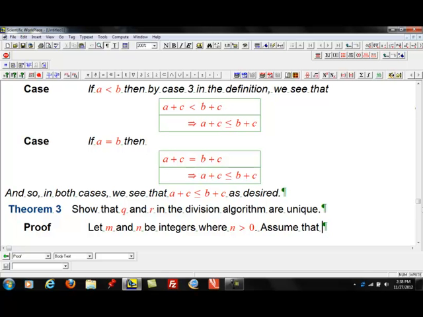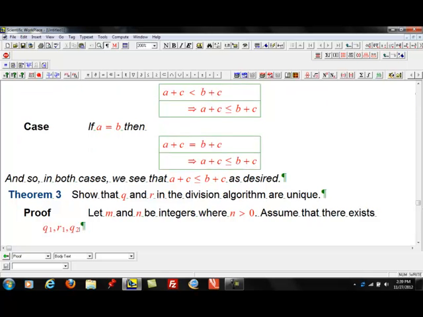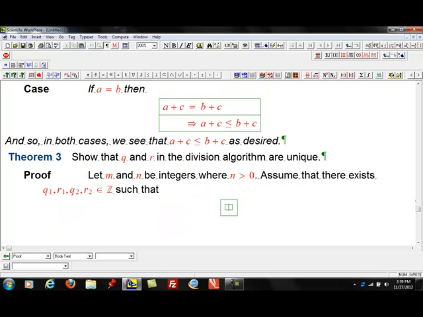Assume that there exist q1, r1, q2, and r2, and these are also going to be where? In the integers, right? And they satisfy our division algorithm. m is equal to nq1 plus r1. And what's the property on r1?